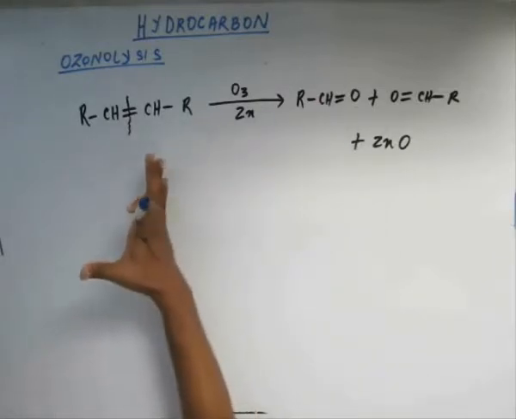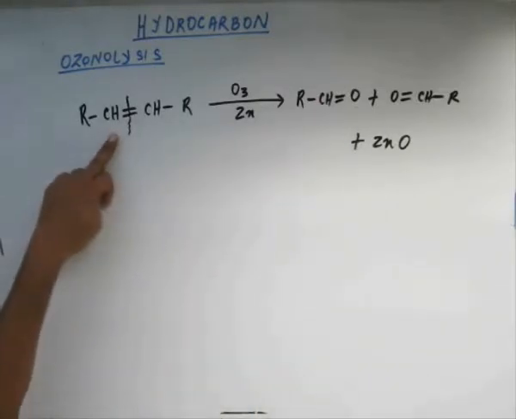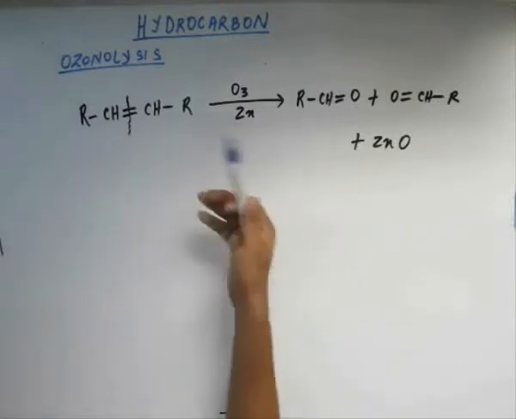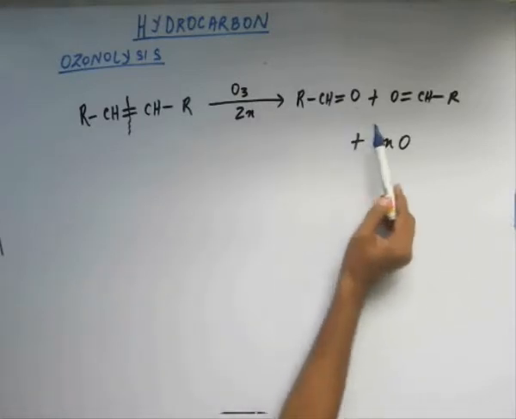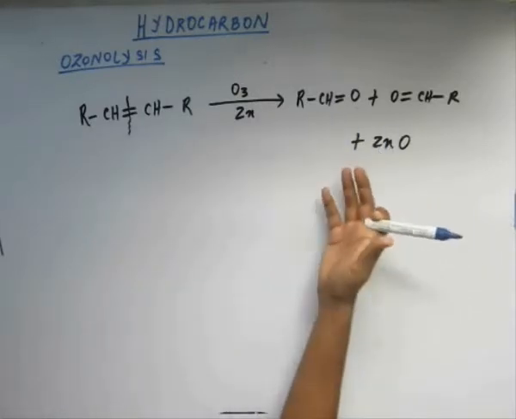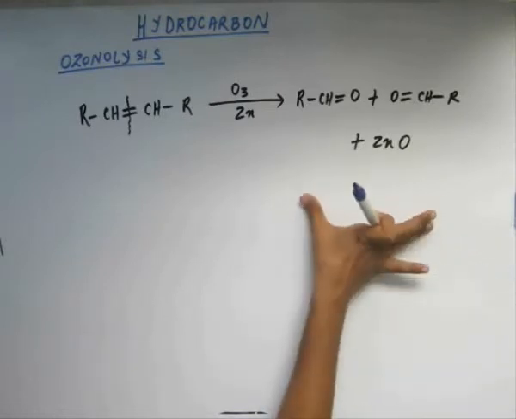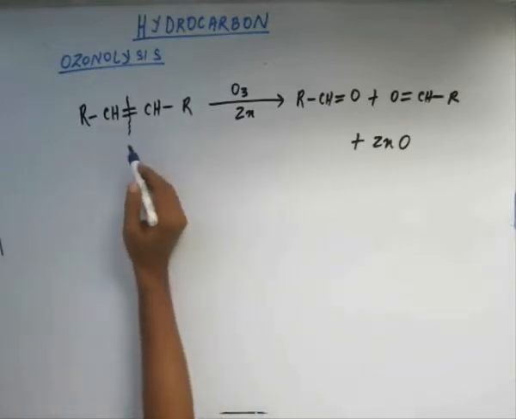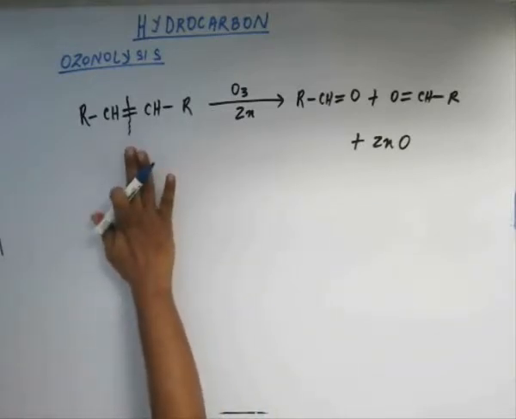We get a carbonyl compound. Now suppose if there had been R, not hydrogen, then this would have been a ketone. But in general, if we take an alkene like this, we'll get this kind of product. Depending upon what the alkene is, either we'll get an aldehyde or we'll get a ketone. But nevertheless, we'll get a carbonyl compound. This is the way you get the product from the given alkene.